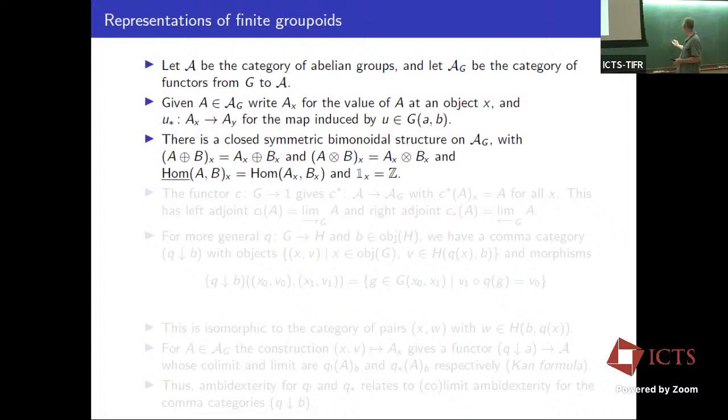Hom underline AB is this internal mapping object. It is itself a functor, and you just do Hom at each X. And then the tensor unit, the identity object for the tensor product, is just a constant functor with value Z.